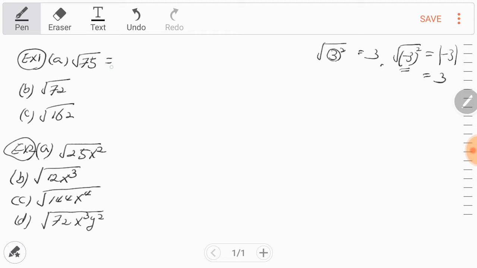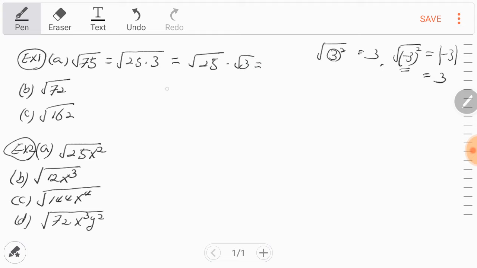So we will make the radicand 75 a product of squares. 75 is 25 times 3, right? Then we can separate 25 and 3.